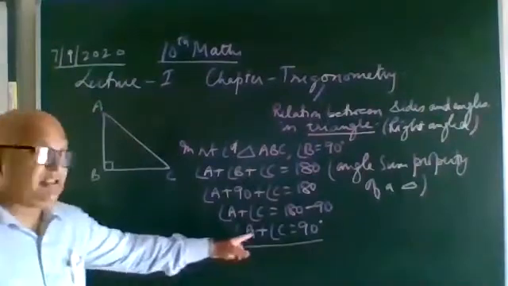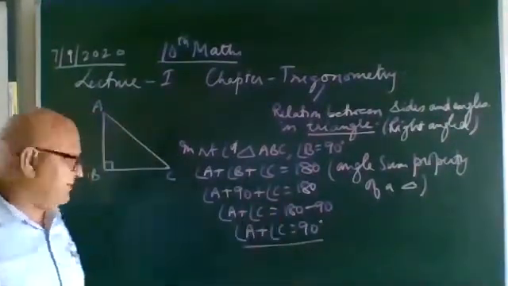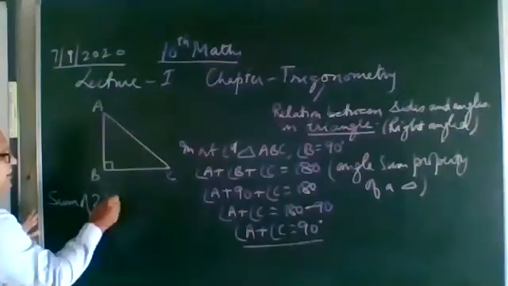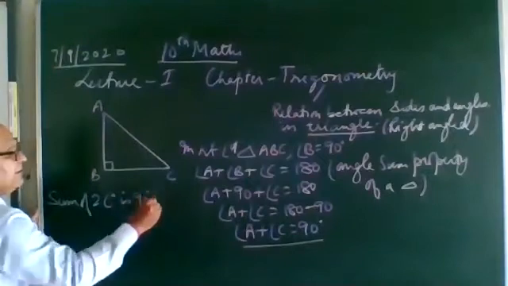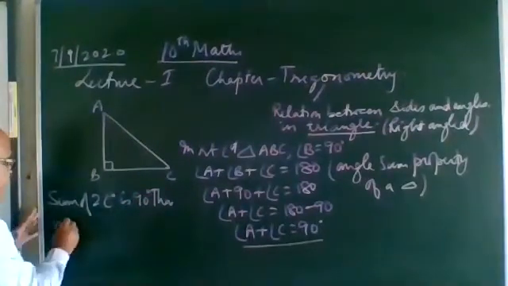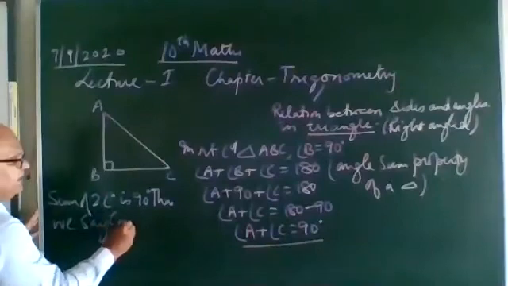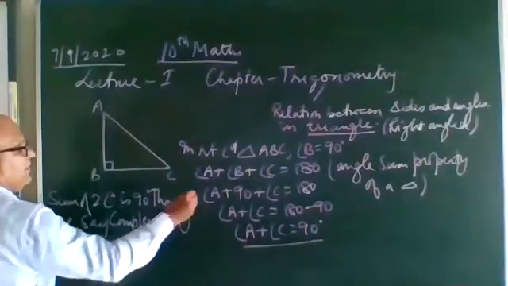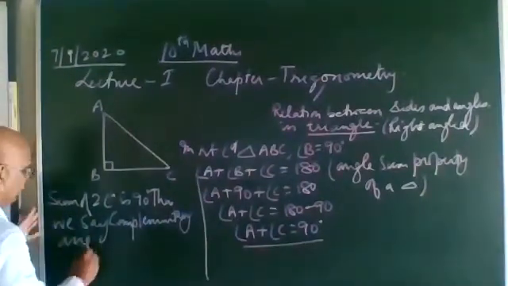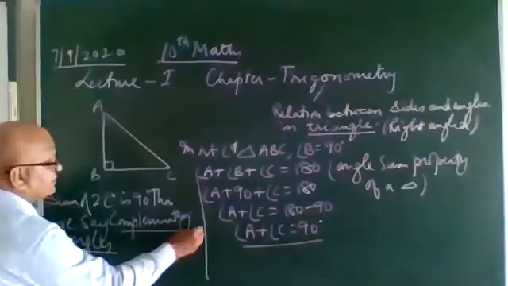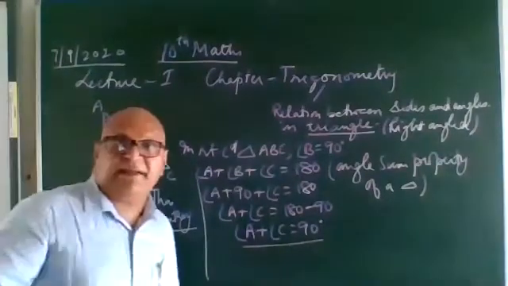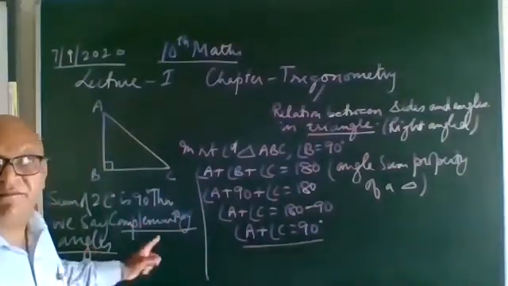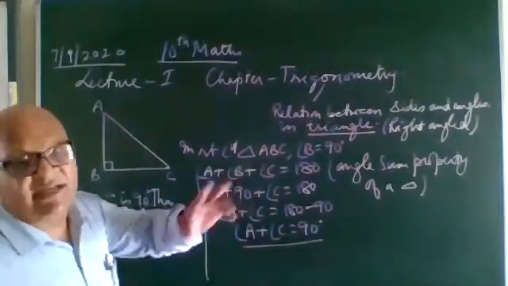So here the sum of two angles is 90 degree, and then we say complementary angles. If somebody asks what is a complementary angle, you will say complementary angles are those whose sum is 90 degree.